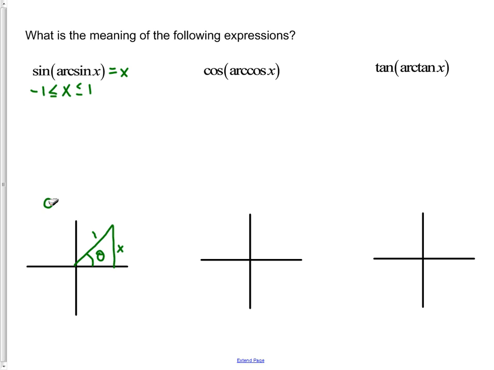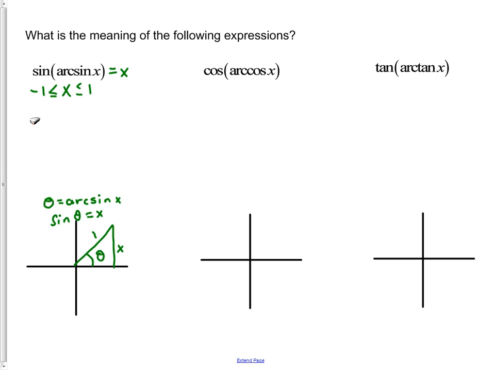If I say theta is equal to the arc sine of x, well then the sine of the angle theta should be equal to x, right? That's what we're saying. X is the ratio of opposite to hypotenuse within that right triangle, and its arc sine is going to give us the angle for which that's true.